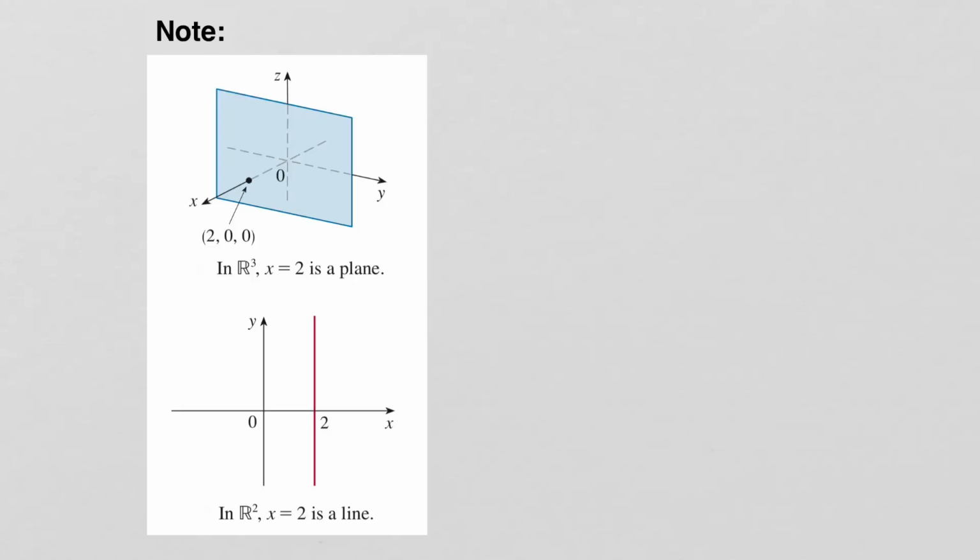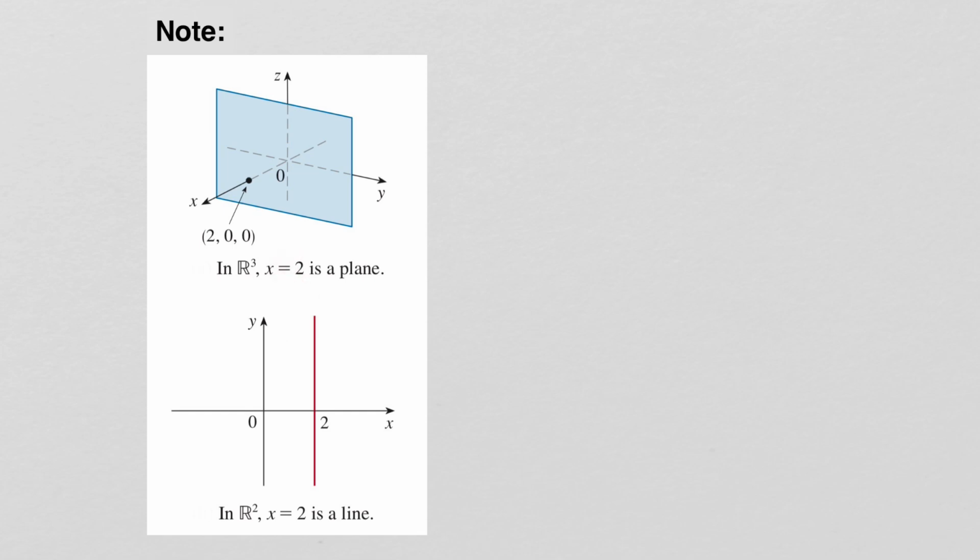As a note, the context matters when you start talking about 2 and 3 dimensions. So for example, if we are in 2 dimensions, which we call R2, x equals 2 is simply a line that lines up with x equals 2 on the x-axis, right? And so we know that this is a vertical line at x equals 2.